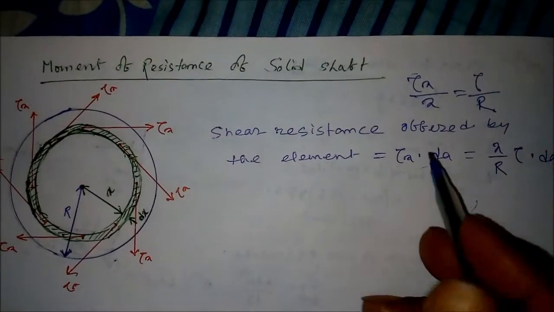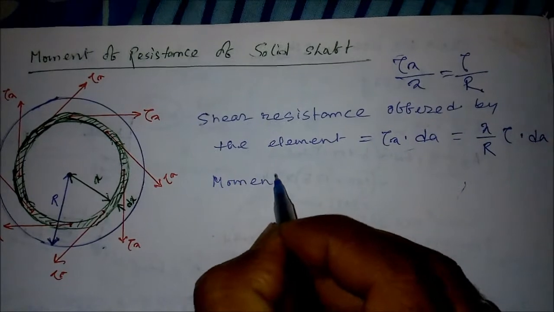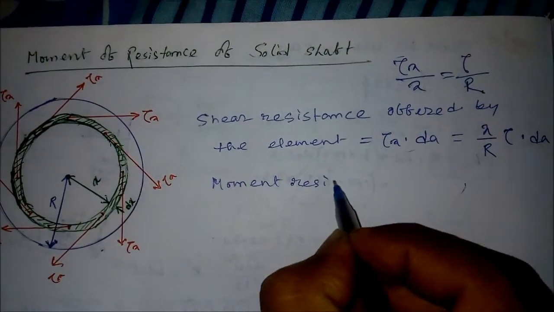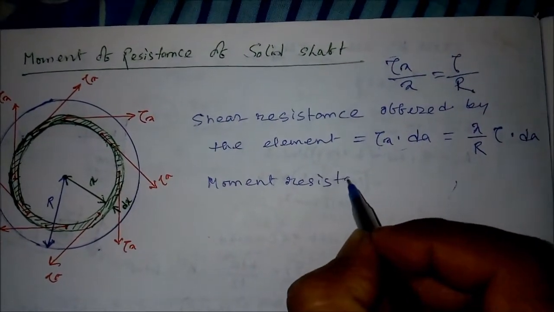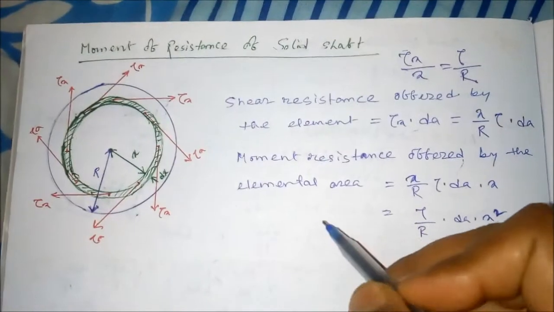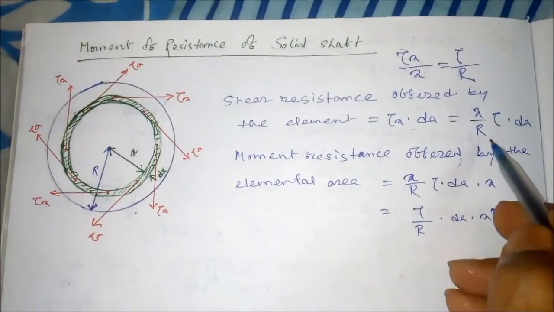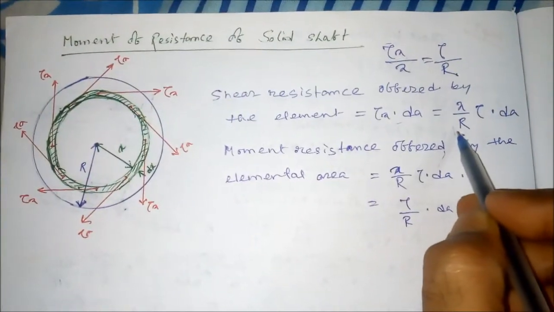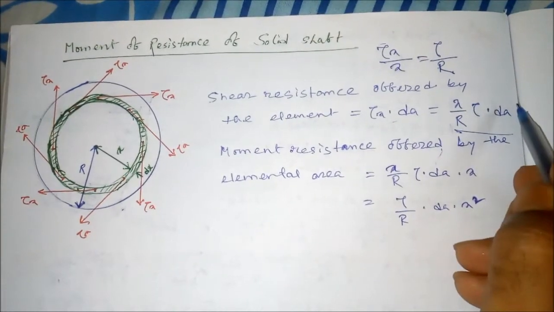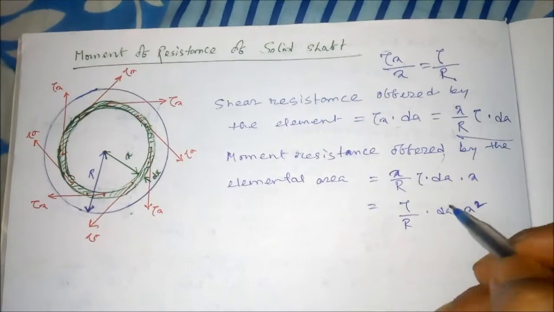Then what will be the moment resistance? The moment resistance offered by the element will be equal to this shear resistance multiplied by the distance. Force multiplied by the distance is the moment.